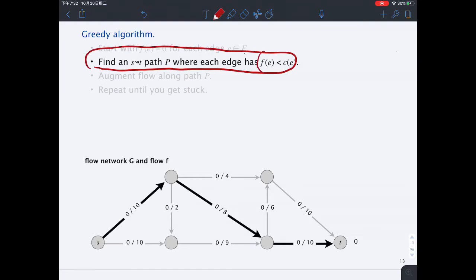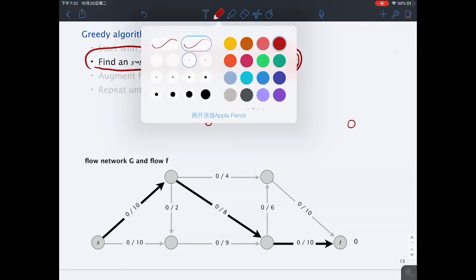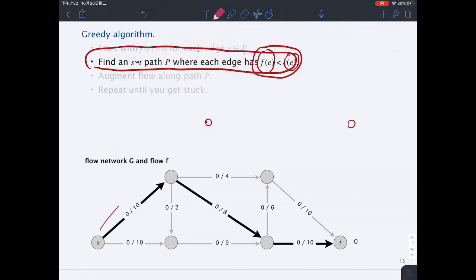What we are going to do is find a path connecting S to T, where each edge has flow that's less than the capacity. Let's not look into this requirement for now, because everything is clean, so we just need to find an arbitrary path, and there's a good chance that we can push water out.